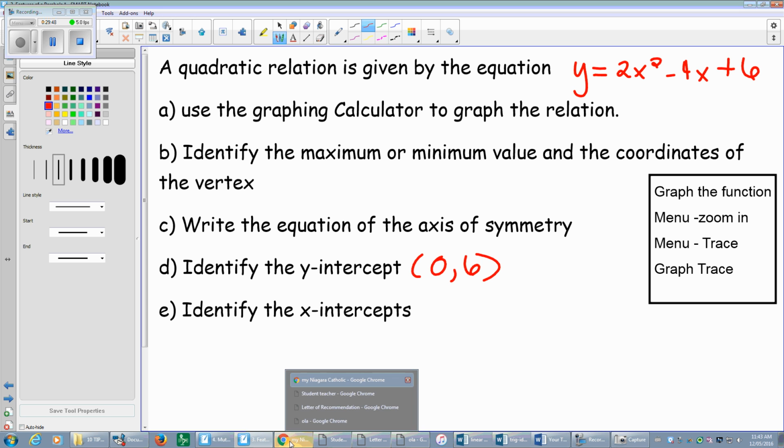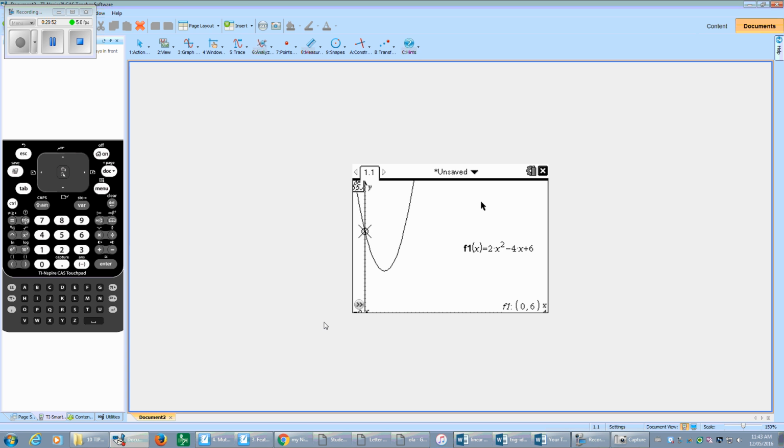Okay, now when I go back to my graphing calculator, I'm going to continue to scroll down, scroll, scroll, until something else pops up, which gives you the minimum.